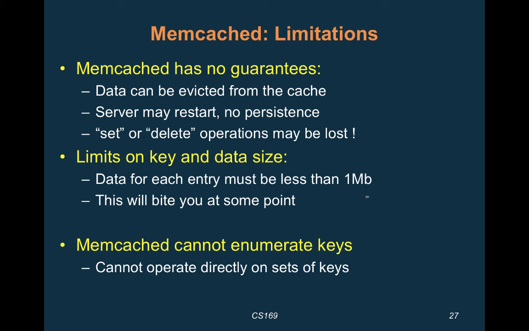The other thing is Memcached, unlike a database, cannot enumerate the keys. You can tell it, is this key in? Give me the data for this key. But you can't say, give me all the keys that start with friends, or all the keys whatsoever. Because that is an expensive operation, and they don't want to implement anything like that.